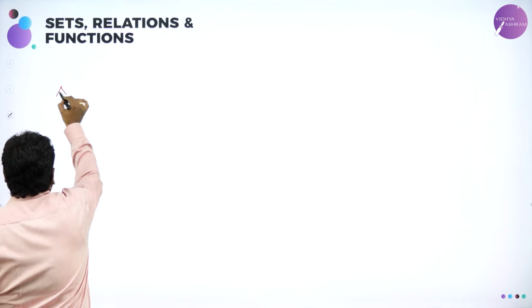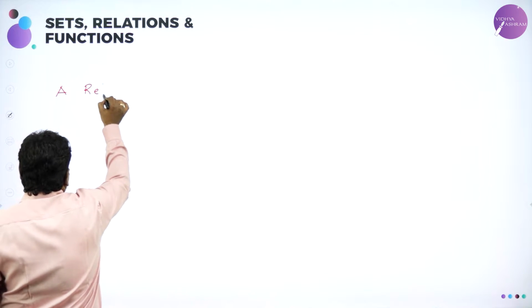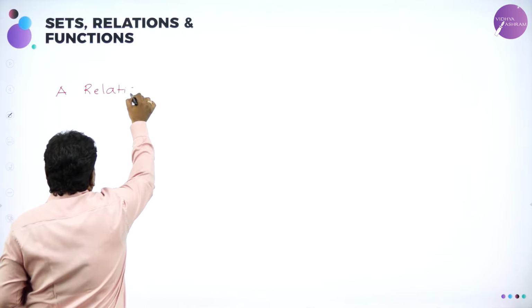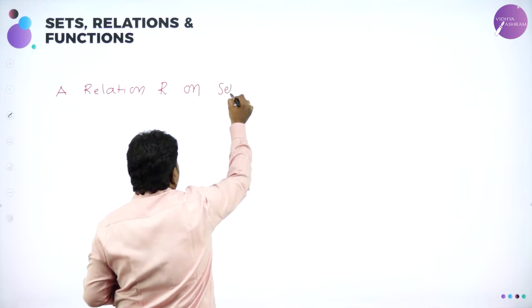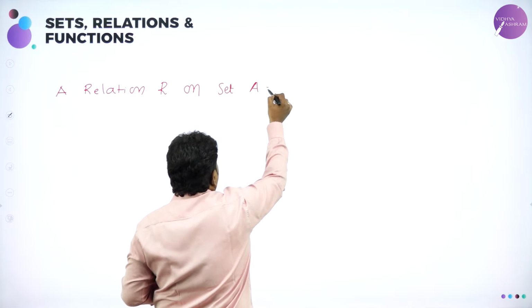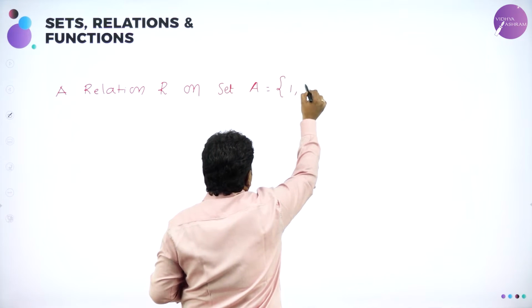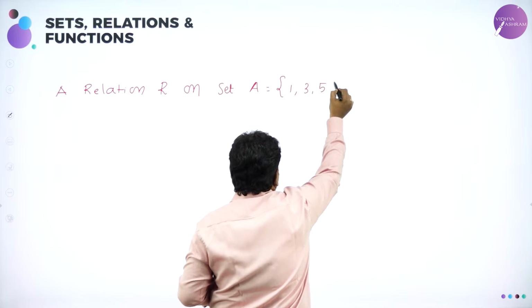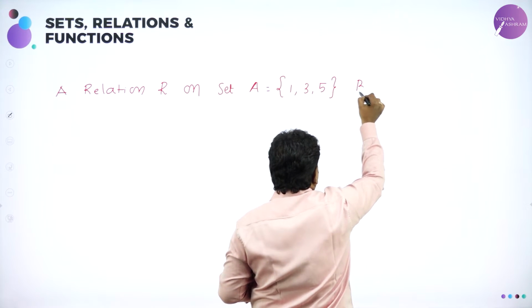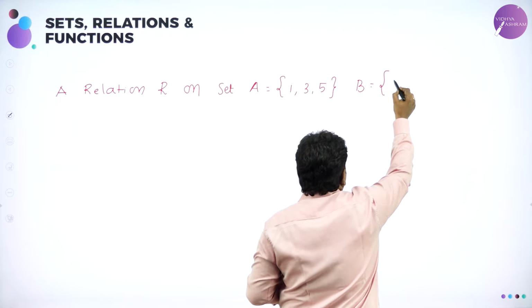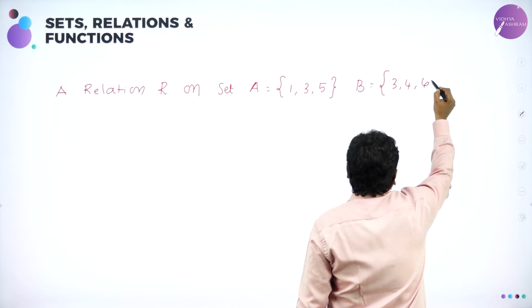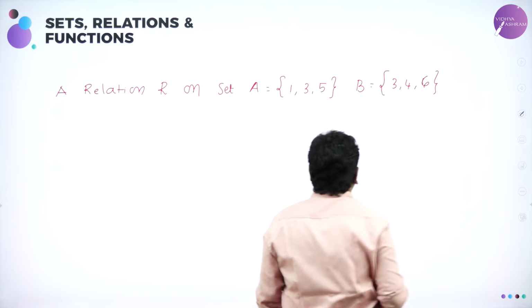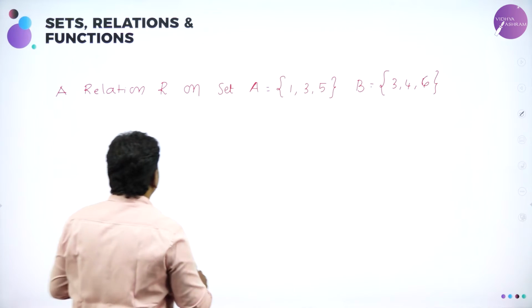A relation on set A is equal to 1, 3, 5 and B is equal to say 3, 4, 6. We give two sets.